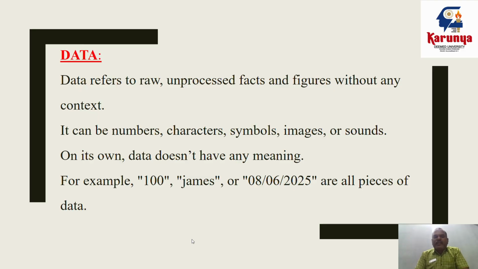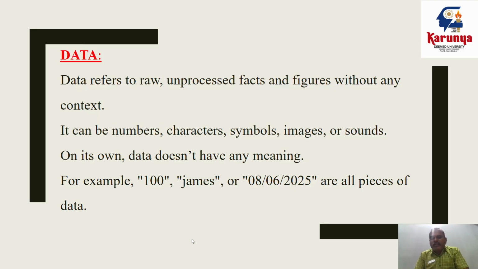Here I have mentioned a small example. For example, 100 is a number, a figure. Then I'm giving a name, James. James is also one piece of data. Then a date like 8/6/2025. There is a text and a number.